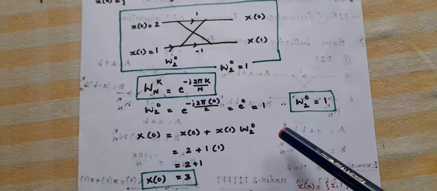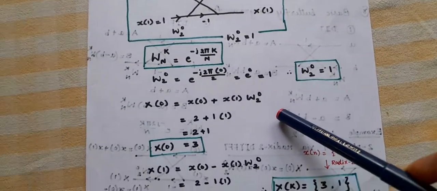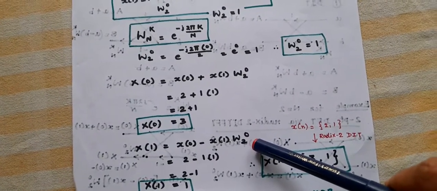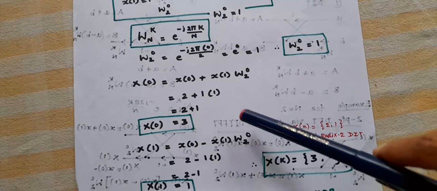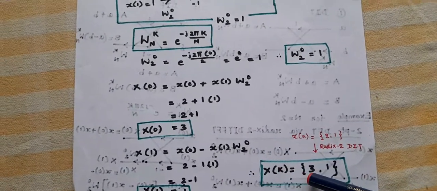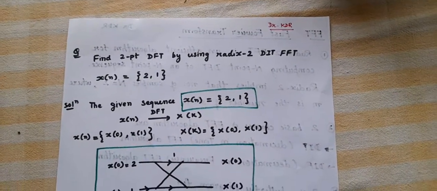Then finally the fourth step is the capital X of 0 equation. The next step is the capital X of 1 equation. On substituting these values, we will get x of 0, x of 1, and finally write the solution for it. I hope the solution is clear for the question.